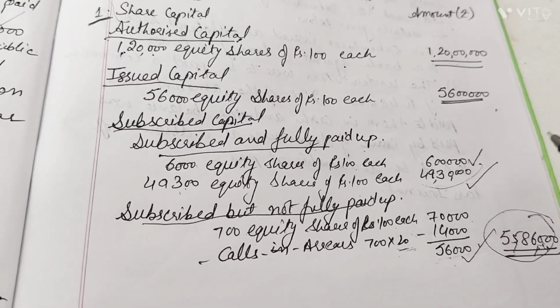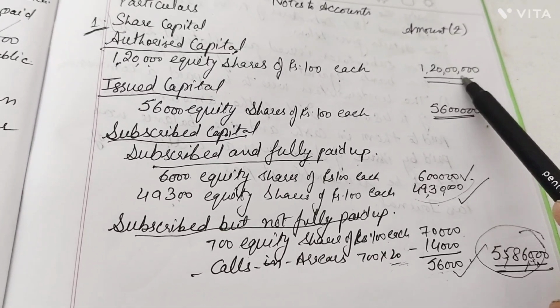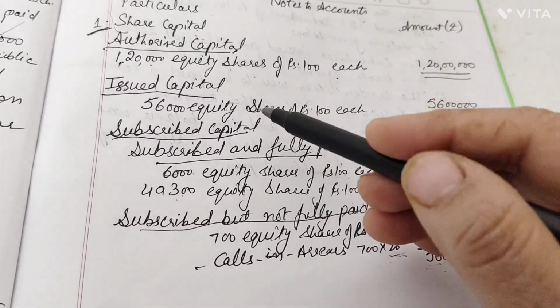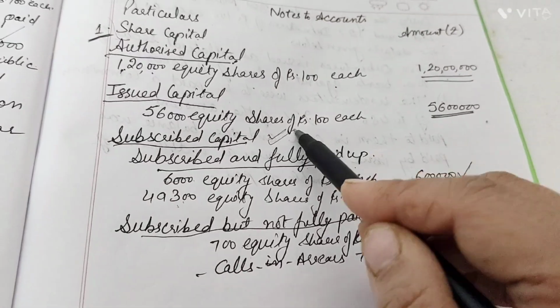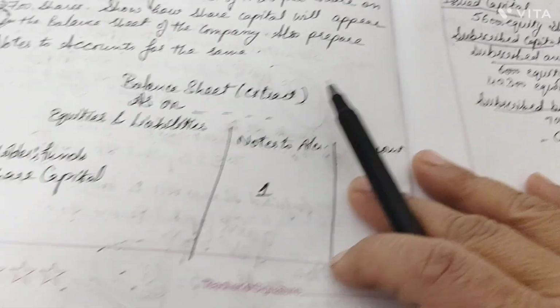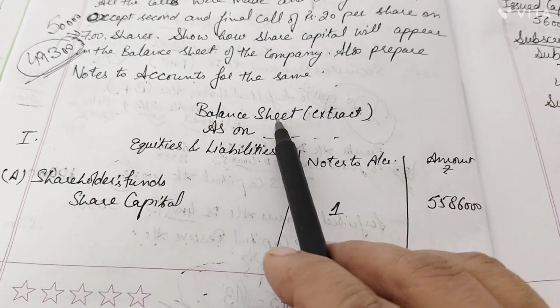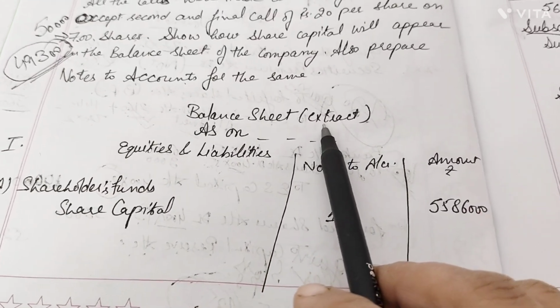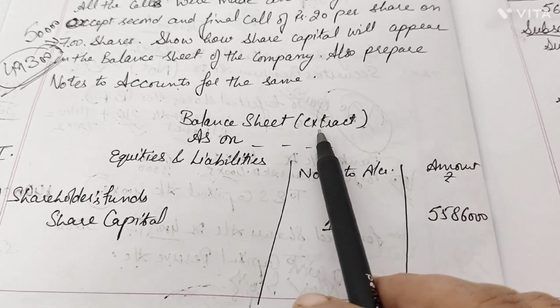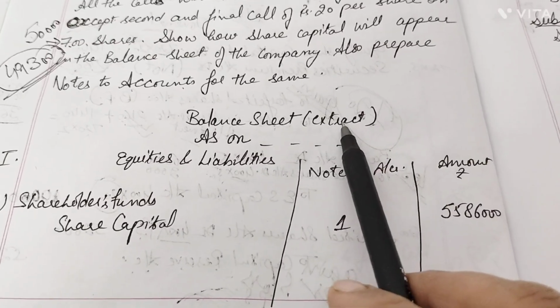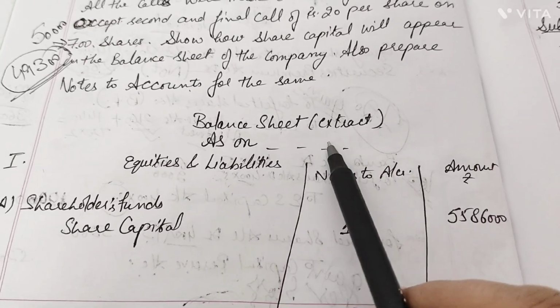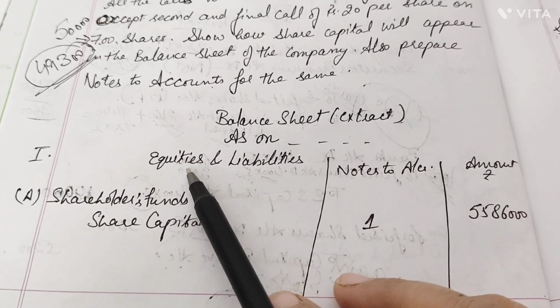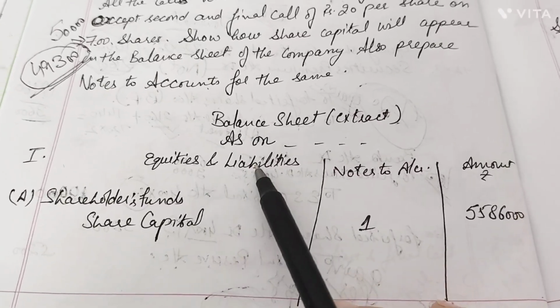In the balance sheet we will not show the value of authorized and issued capital, rather we will only show the value of subscribed capital. So for share capital in the balance sheet we are preparing an extract because it is not a full-fledged balance sheet. We are not showing each and every item in the balance sheet, that's why it is known as an extract. As on a given date, the liability side is known as equity and liabilities.